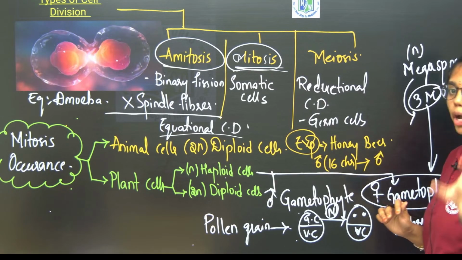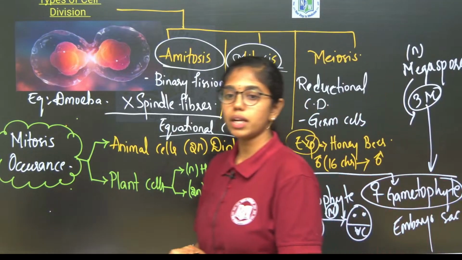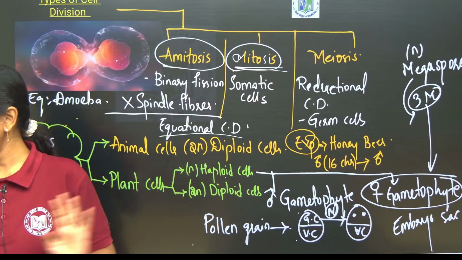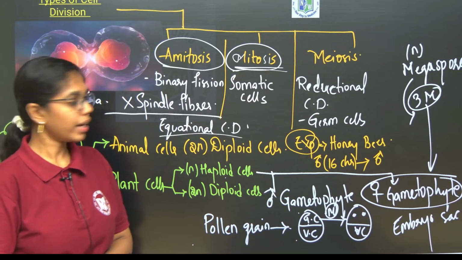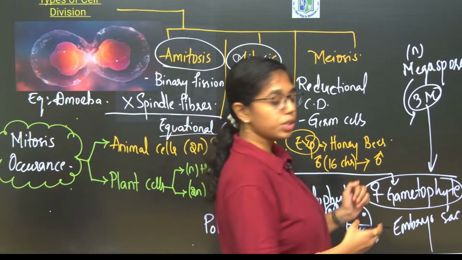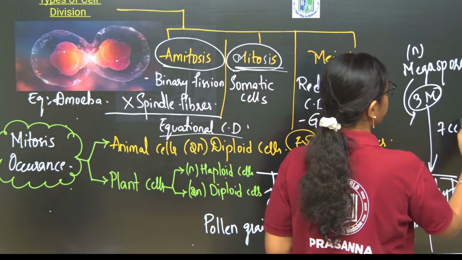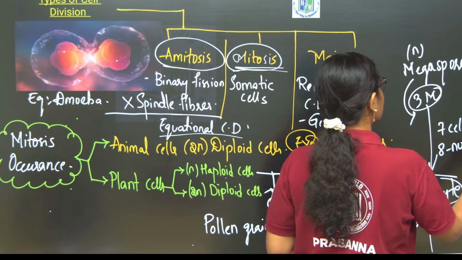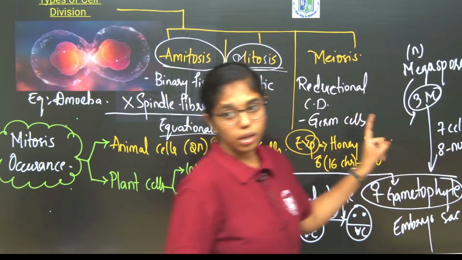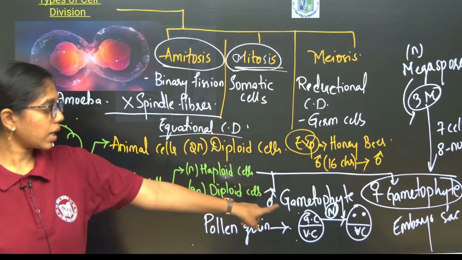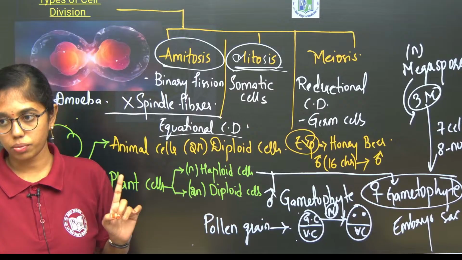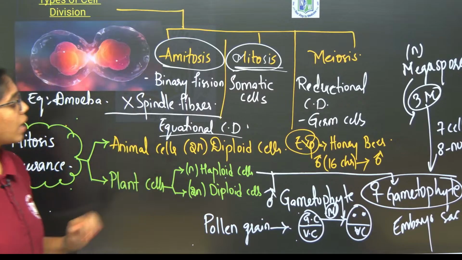Haploid megaspore undergoes how many mitotic divisions? 3 sequential mitotic divisions to form a haploid embryo sac. Embryo sac is how many celled condition? 7 celled, 8 nucleated condition. As such, connected questions will be asked. So, this is a connected dot for sexual reproduction of flowering plants, which is in your NCERT 12. As such, you have to prepare.